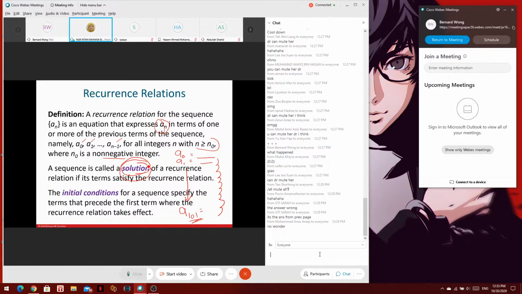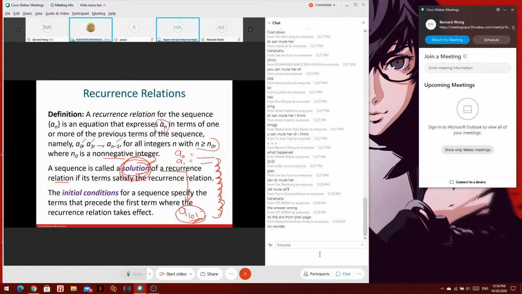When you have the solution of the recurrence relation, then you can solve any number n within the sequence. It's either 101, 2000, or something. Whatever n is asked for, you can solve it as long as you have the solution of that recurrence relation.